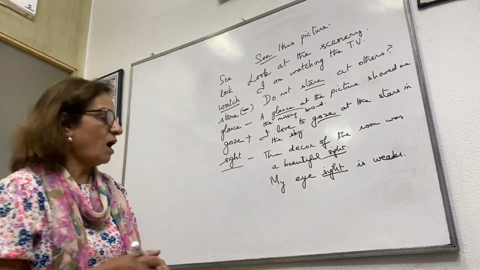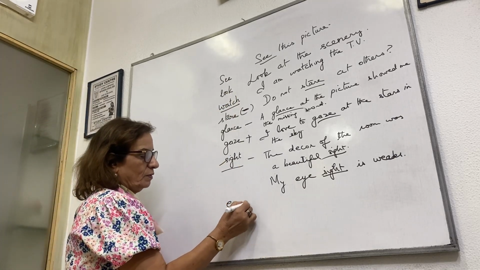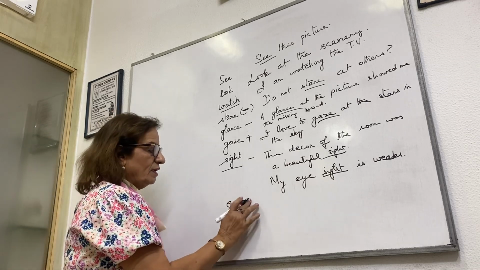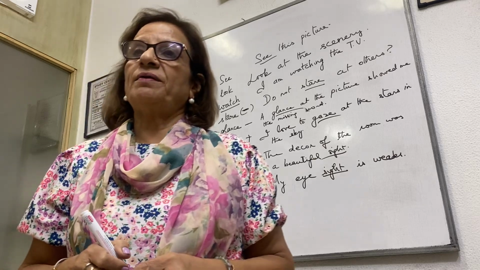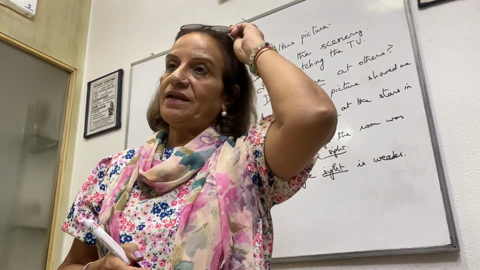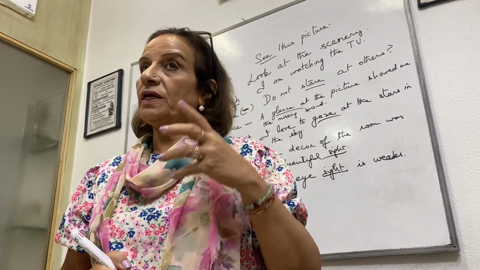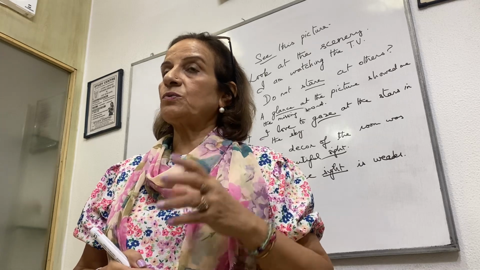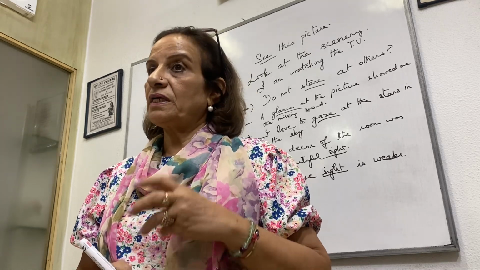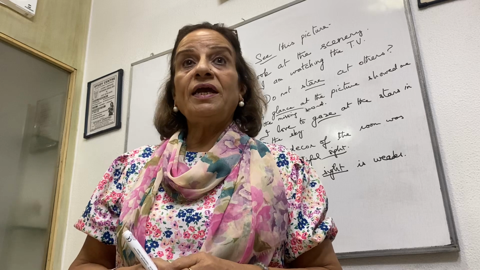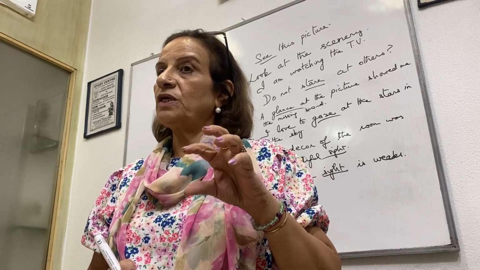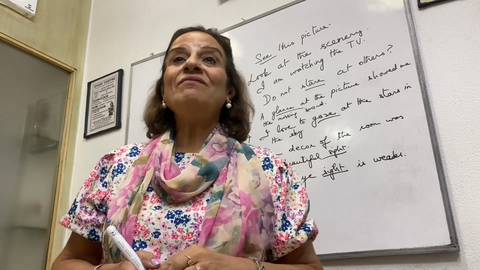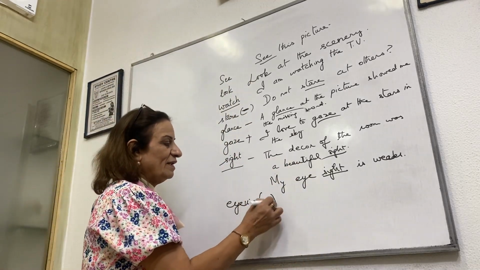There's another one, eye. We say eyeing. He's eyeing me for a long time. Another way of saying staring. He's looking at me since last 1 hour. He's just going on looking at me. That is another way of saying staring. Eyeing me means his look is fixed on me, which is again very negative.